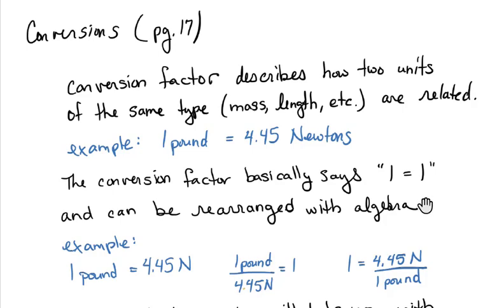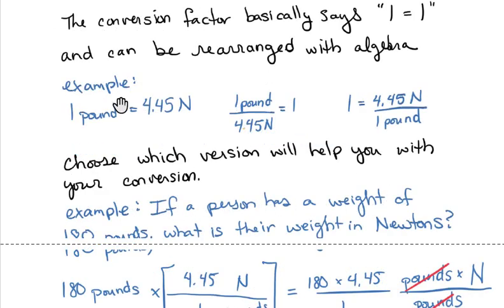So by using algebra, you can rearrange that conversion factor in a couple of different ways. So here's the original way. 1 pound is equal to 4.45 newtons. But what if I divided both sides by the 4.45 newtons? I would end up with this. 1 pound divided by 4.45 newtons is equal to 1.